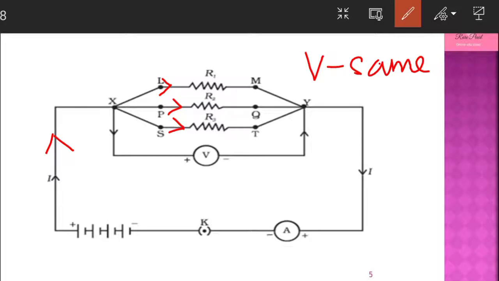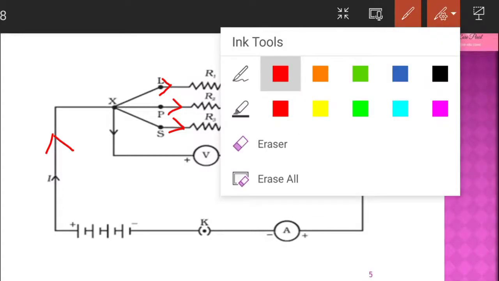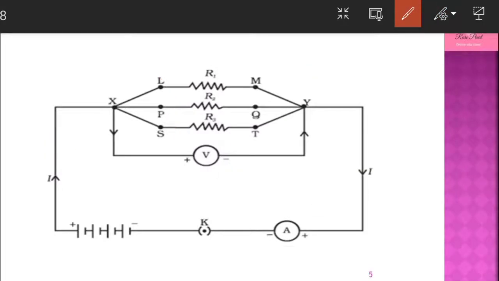Now we have to see the derivation part. Let us see the derivation of the parallel circuit. What are we going to find? We are going to find the total resistance for n number of resistors connected in parallel. But here we have taken only 3 resistors, so we need to find the total resistance for these 3 resistors connected in parallel.